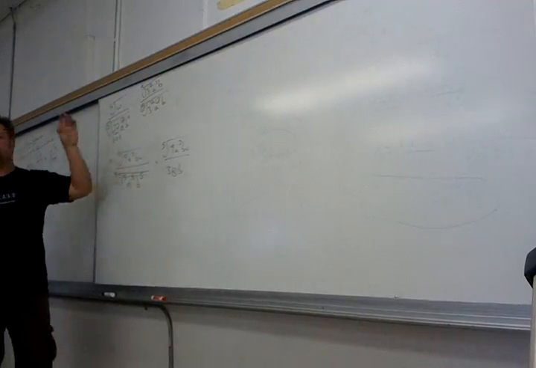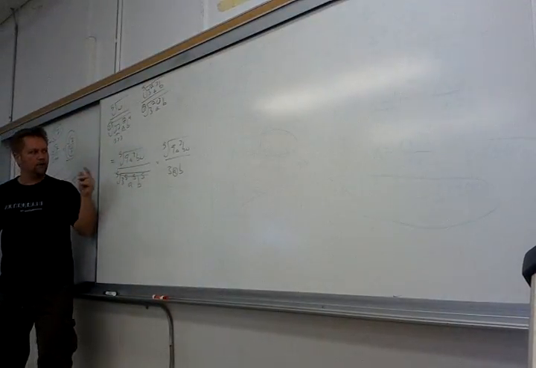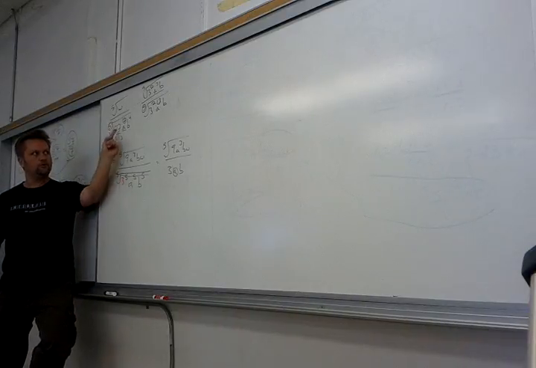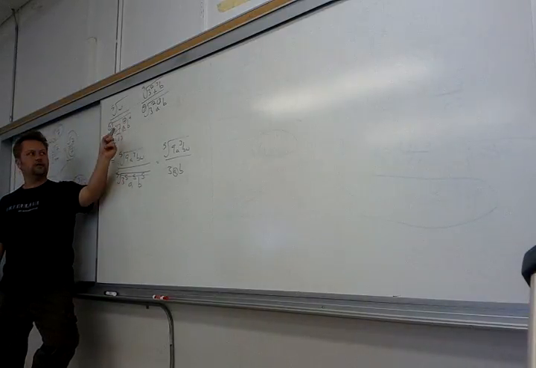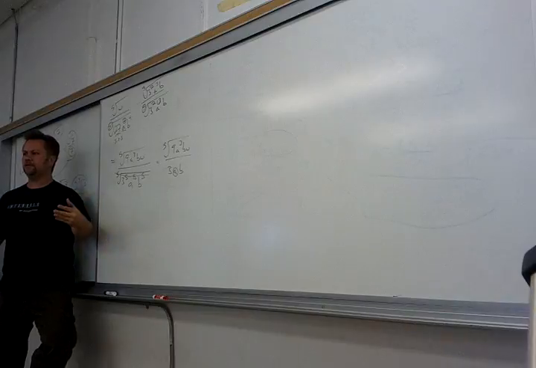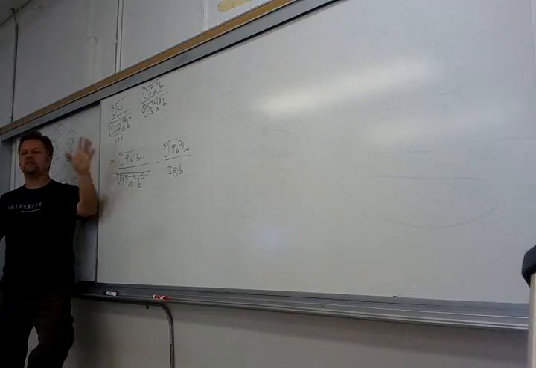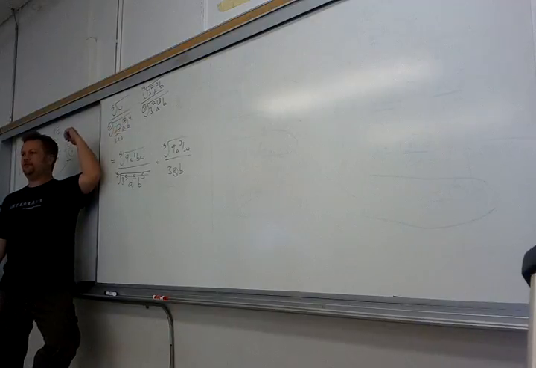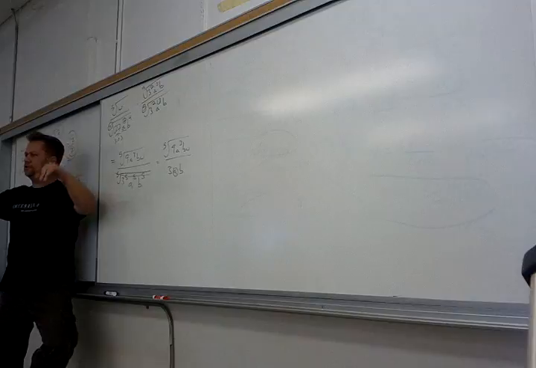When you see rationalization, I personally like to think of it as completing the root, because that name tells you what you're doing. You're giving this what it's missing so that the root can be done. Why am I allowed to change it? I couldn't do that before. If I had the square root of 2, I can't just multiply by the square root of 2 out of nowhere.